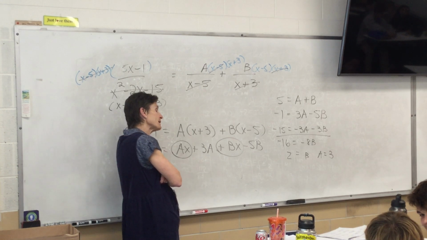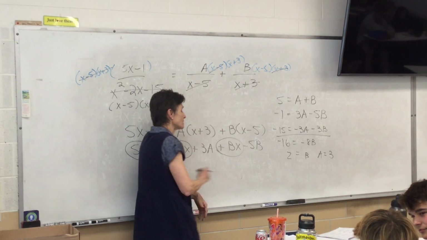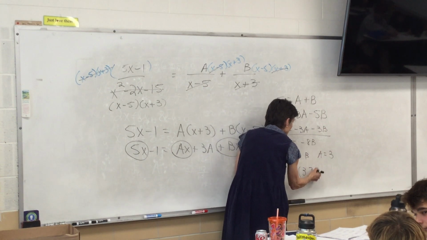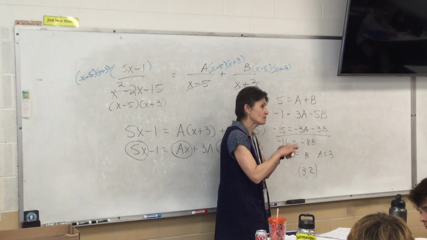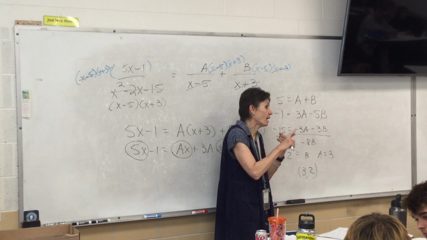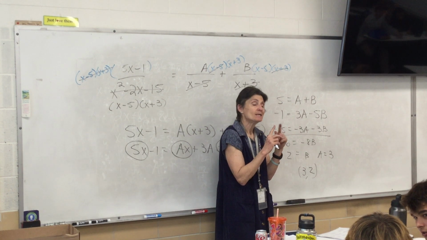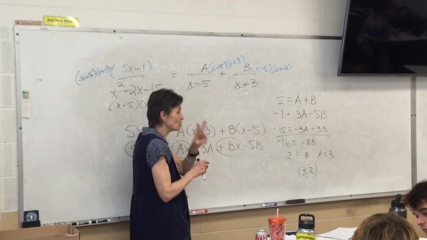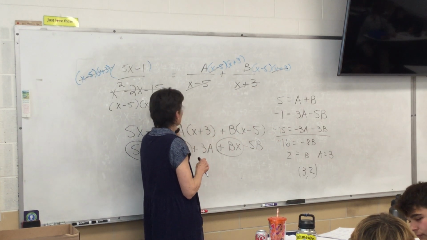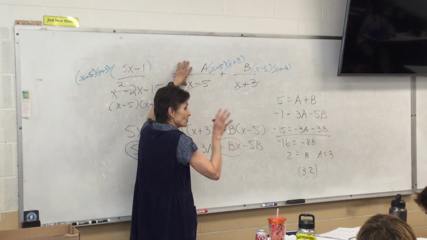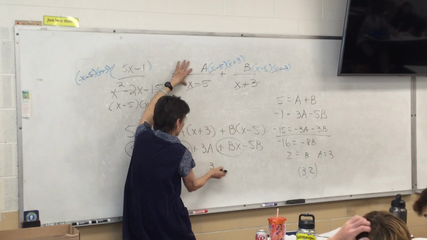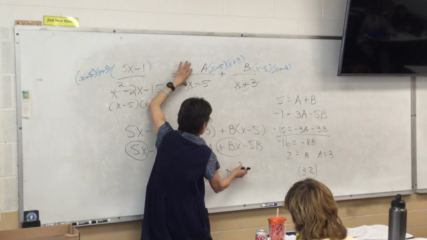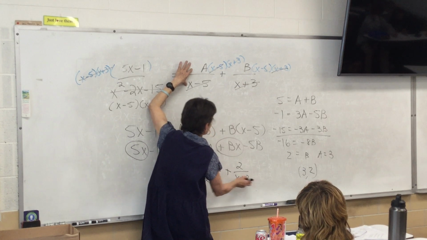Now, normally when you solve a system of equations, you're looking where the lines intersect each other. Not this time. Our job was to find the two little fractions that add up to this. So the answer to the question will be 3 over x minus 5 plus 2 over x plus 3.